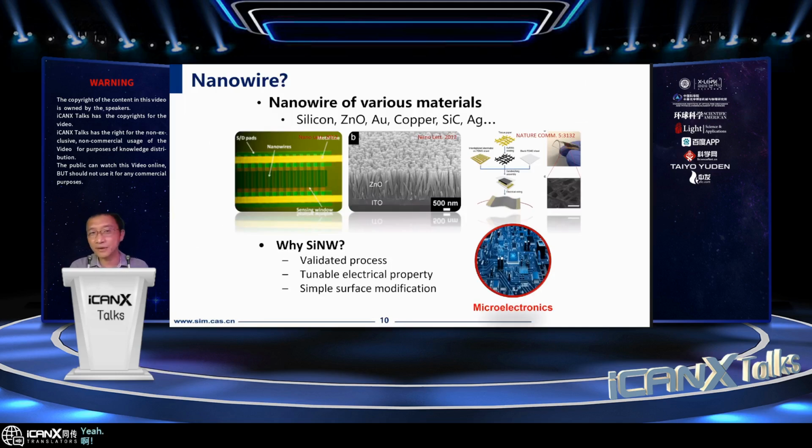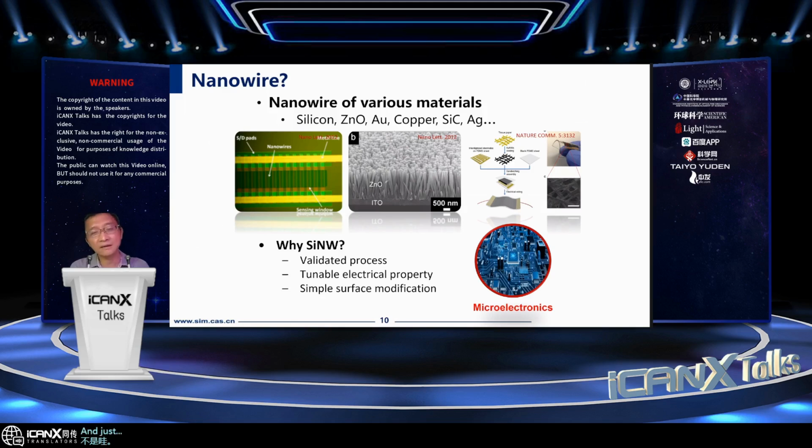In my laboratory, I think maybe we can use nanowires. In fact, we have a lot of nanowires with various materials like silicon, zinc oxide, gold, copper, silicon carbide, silver, and more.